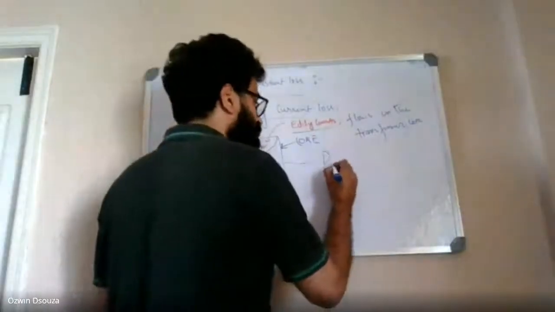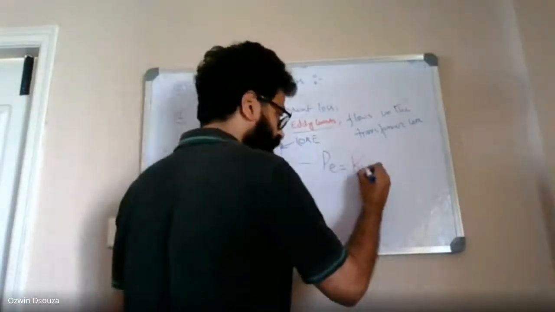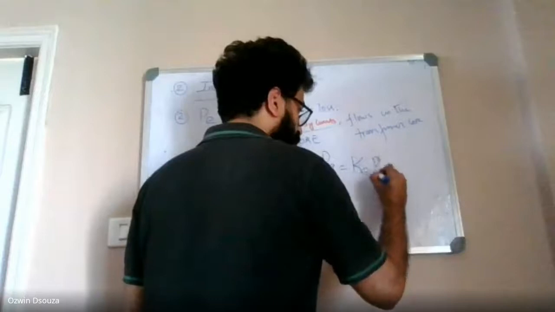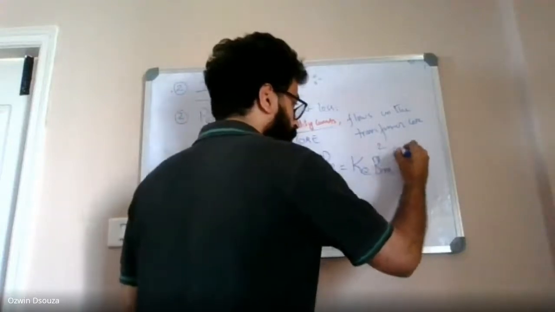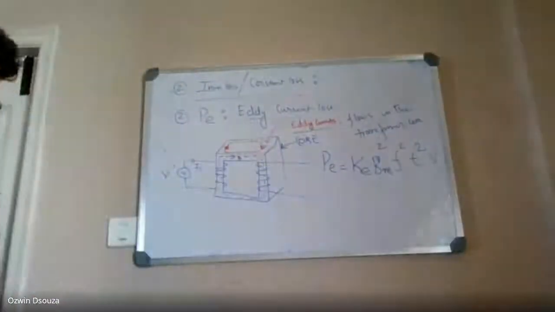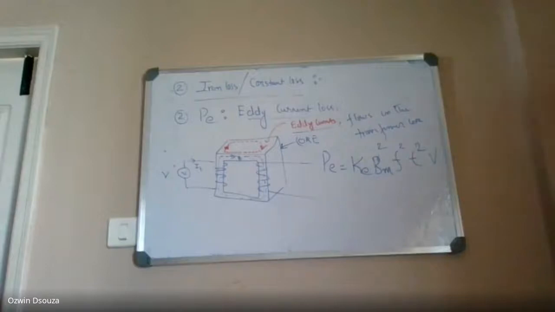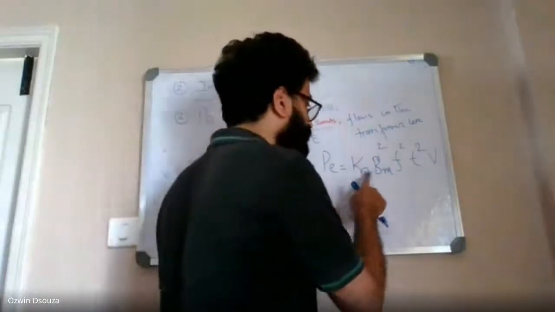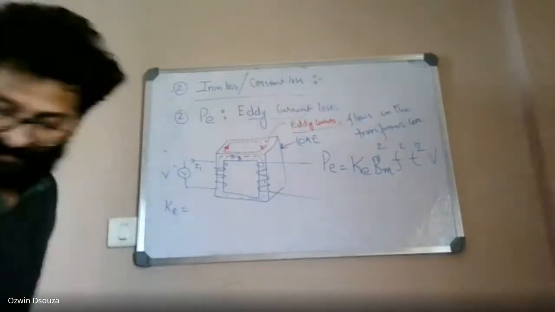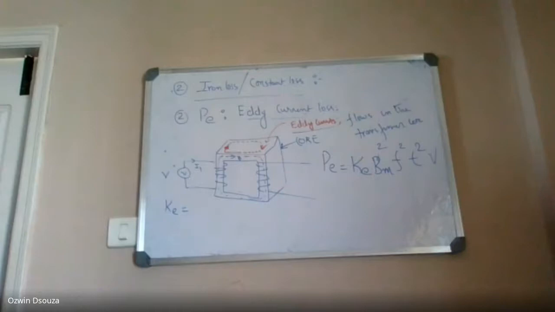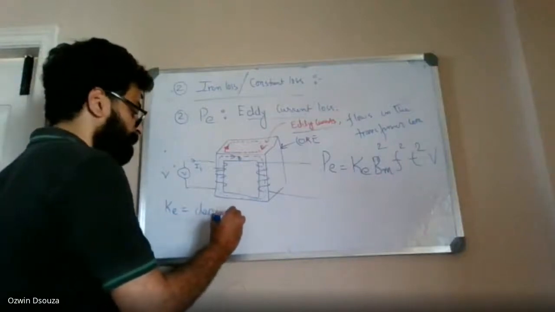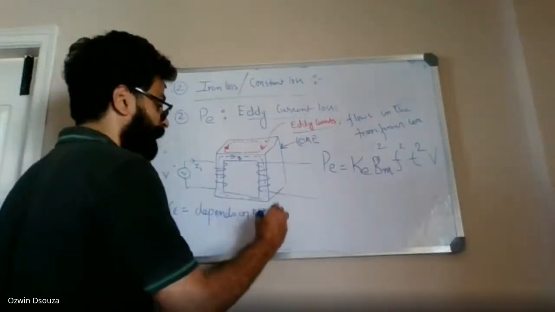The eddy current losses are given as PE is equal to KE into BM square, F square, T square into V. Okay, so this is the relation for eddy current. PE is equal to KE into BM square, F square, T square into V, where KE is nothing but a constant, the eddy current constant, which depends on the magnetic material.